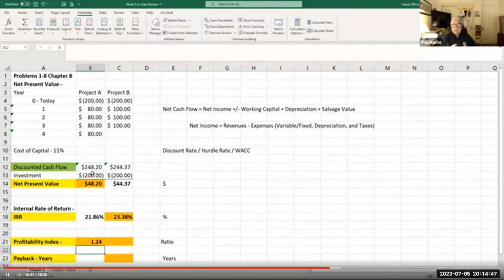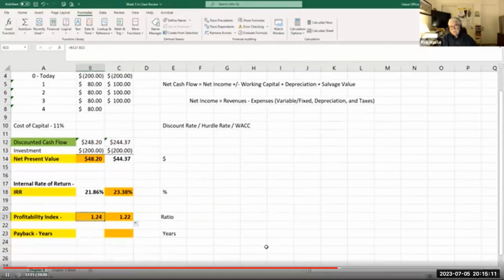In other words, the return is 1.24 times greater than the investment. Let's do that the same for project B, and we get 1.22, okay? Makes sense. The discounted cash flow is higher for project A than project B, thus the ratio would be a little bit greater.